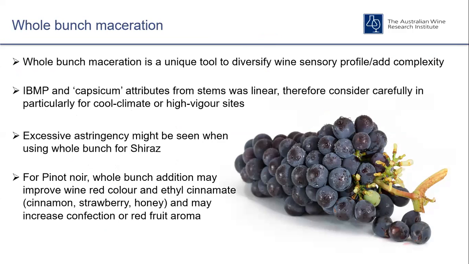Although these wines were actually quite subtle in the effects introduced by whole bunch, one might introduce more excessive astringency in Shiraz. And interestingly, I think for Pinot Noir, quite a positive outcome where we saw some of those improvements in confection and red fruit aromas and the introduction of increased red color and ethyl cinnamate. So quite an important outcome for Pinot Noir in this case in terms of diversifying wine styles.